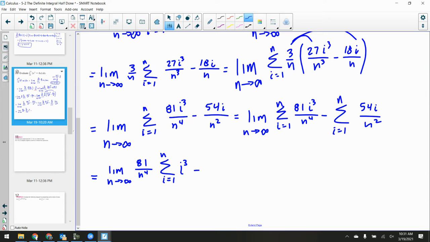I'm going to bring the 54 over n squared out. And that's going to leave me with just the sum going from I equals 1 to n of just I. You don't have to rewrite the limit. It's there, it's just over here. So I guess I could write it like that. You know what I mean?